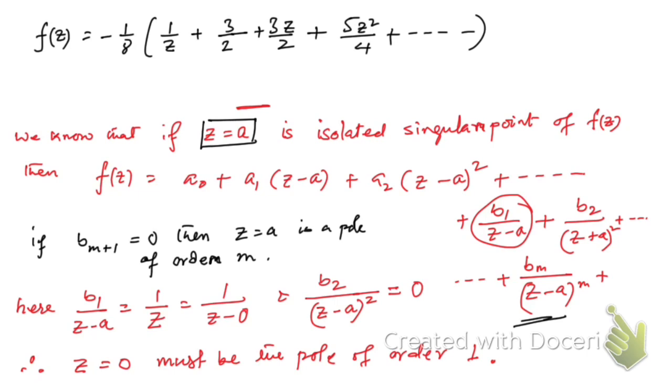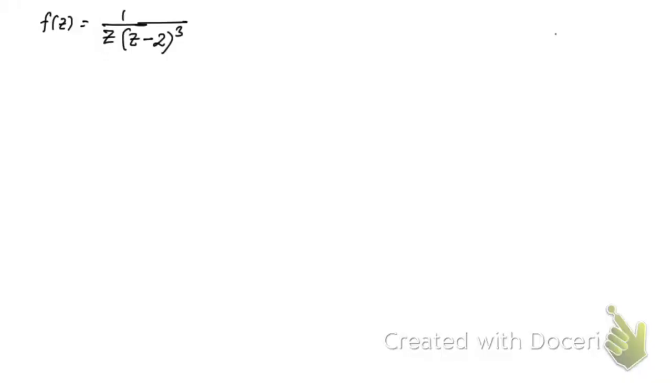Now let us find the Laurent series about z is equal to 2. So let us put z minus 2 is equal to t.